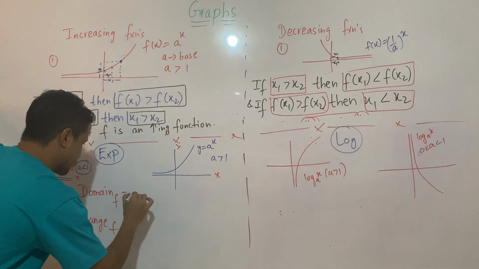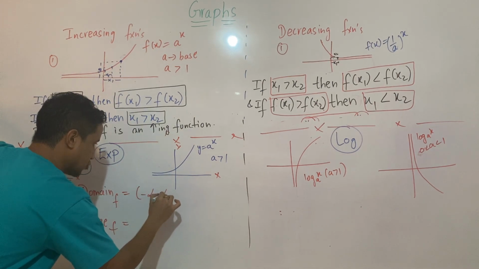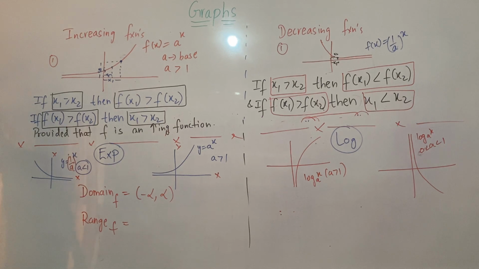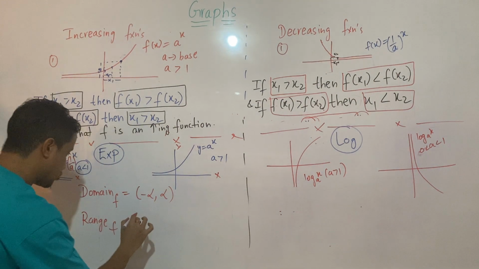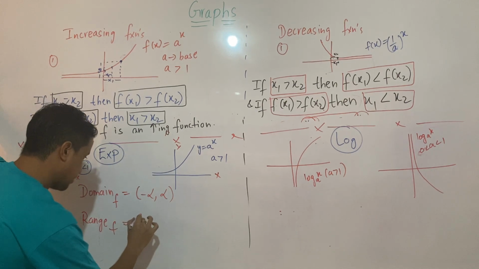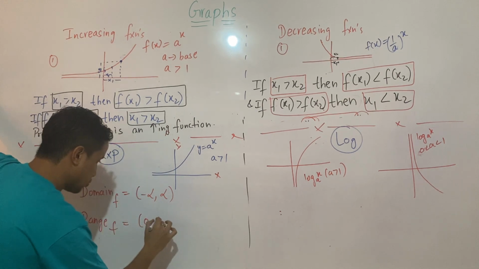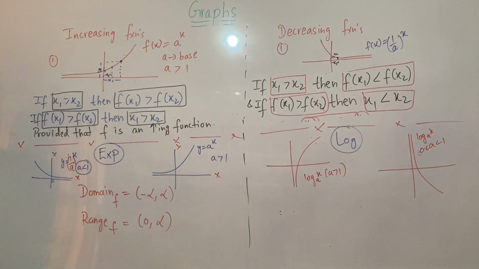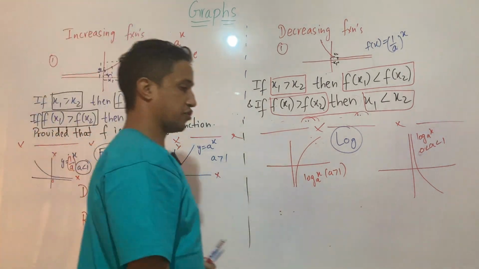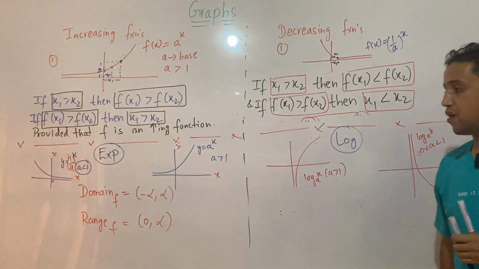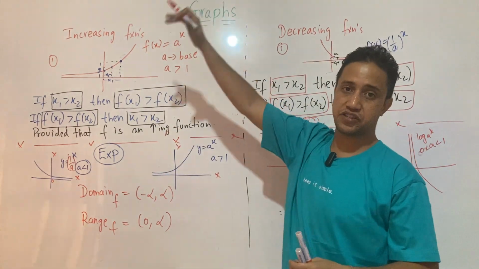So it's going to be minus infinity to infinity. And the range, looking at both the graphs, which are the two possible cases as far as exponential functions are concerned, is clearly going to be from 0 to positive infinity, because for exponential functions the value is going to be positive.